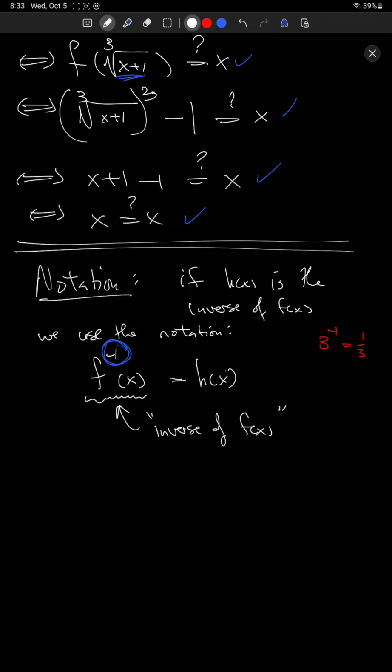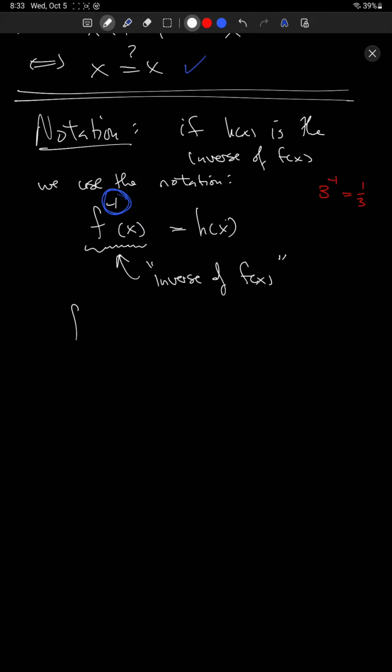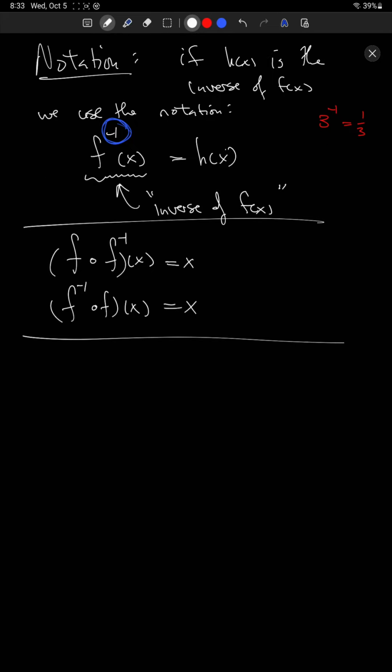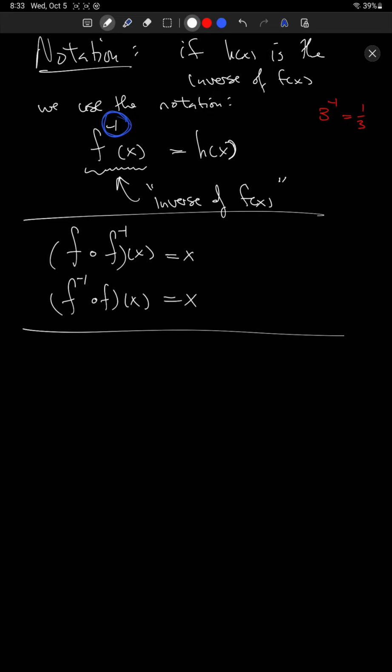All right, so in short, when two things are inverses of each other, then you have this and you have this. We'll try to stop using f and h and instead use f and f inverse. Normally we say this as f inverse or inverse of f, but f inverse is perhaps more commonly said.